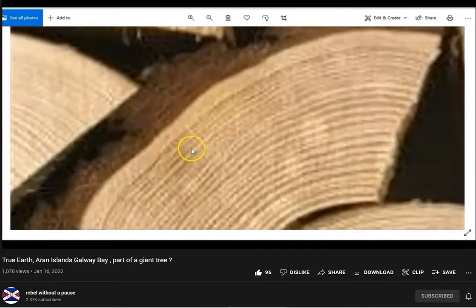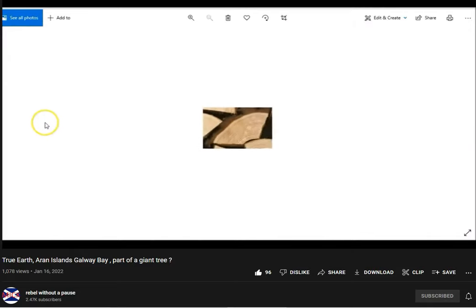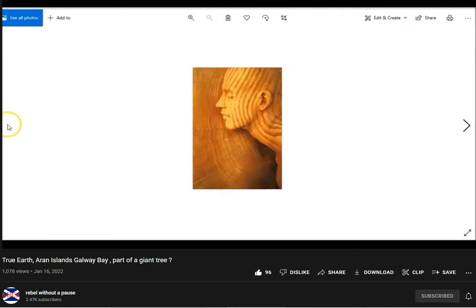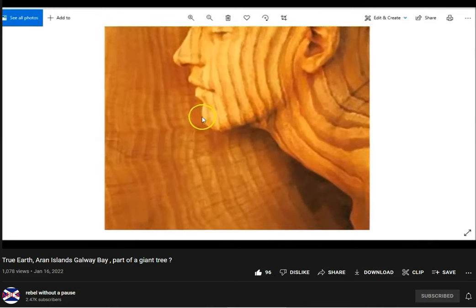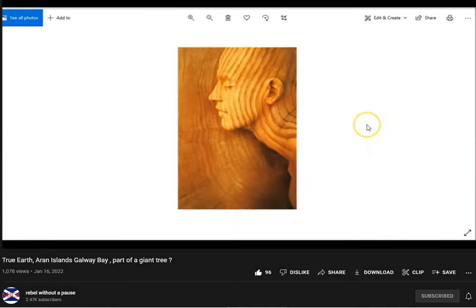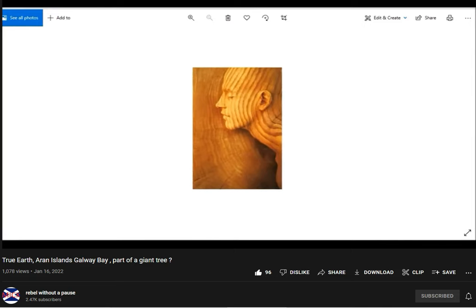If they were eventually turned to stone or some kind, this would happen. You would see different layers, and the edges would wear away easier than the rest. Right? And this artist has actually used the tree rings to help create his art.